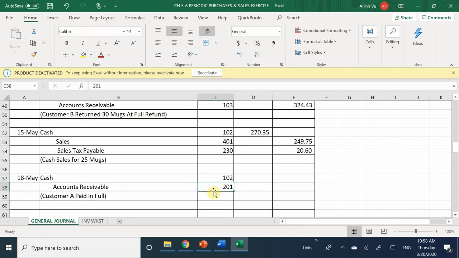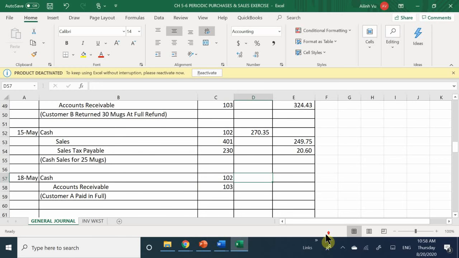Oh, I'm sorry. 103. Okay. So, thanks for catching that one. All right. So here, did customer A attempt to make any returns or allowances? No. So we know that the full amount is going to be paid.